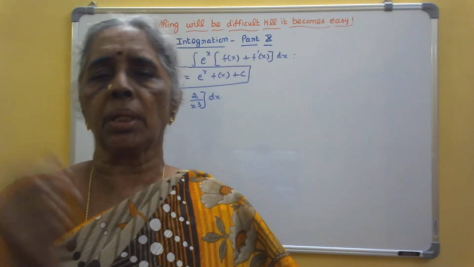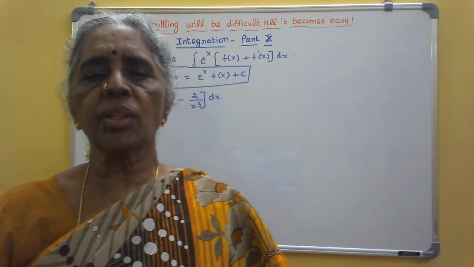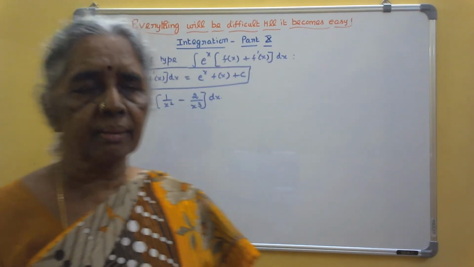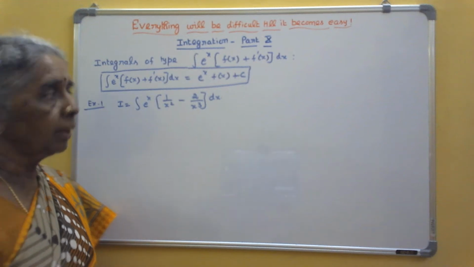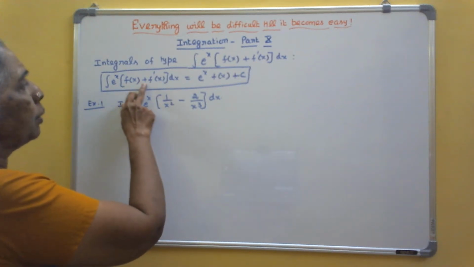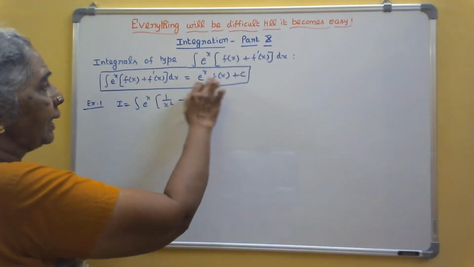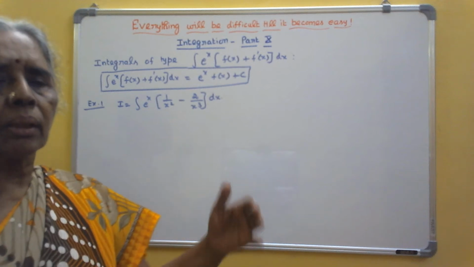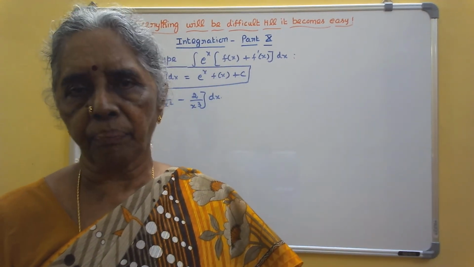Then you will have two terms. If you take one term as f of x, the other term will become f dash of x. For such integrals, straight away we can write it as a formula, that is integral e power x into f of x plus f dash of x dx is equal to e power x f of x plus c. That's all. Okay? You need not do the whole process. You can use the formula and write.